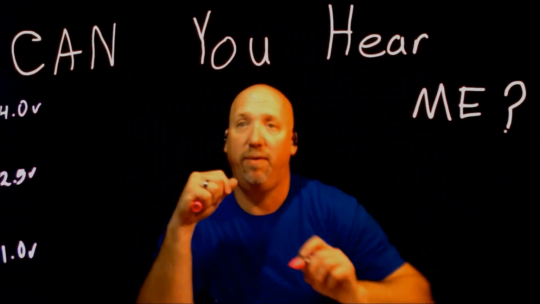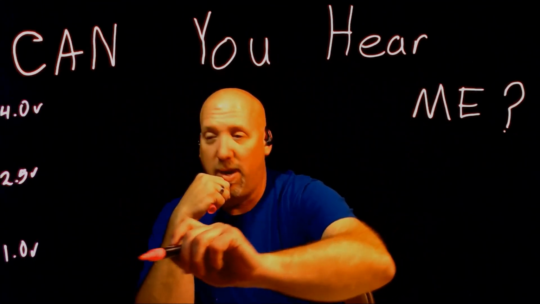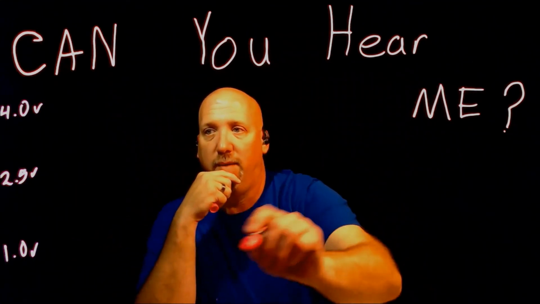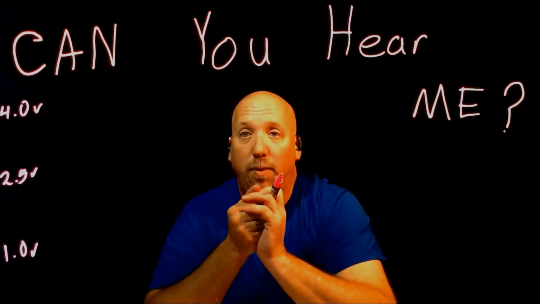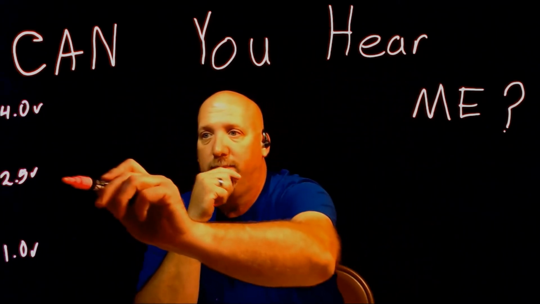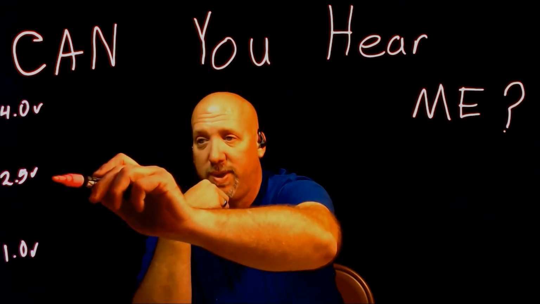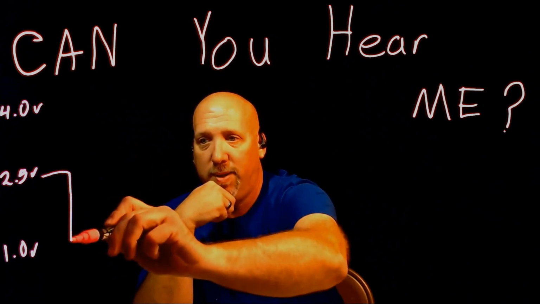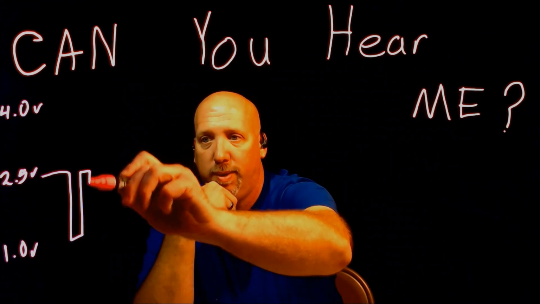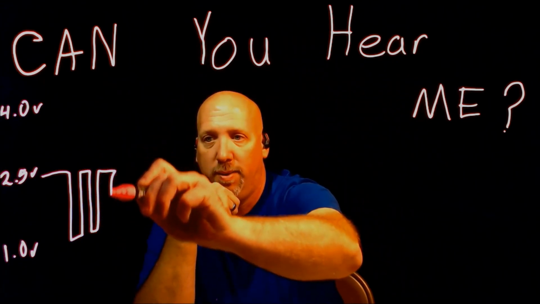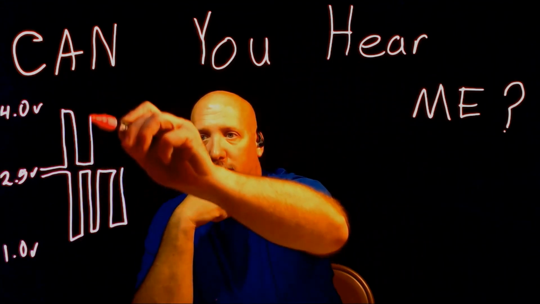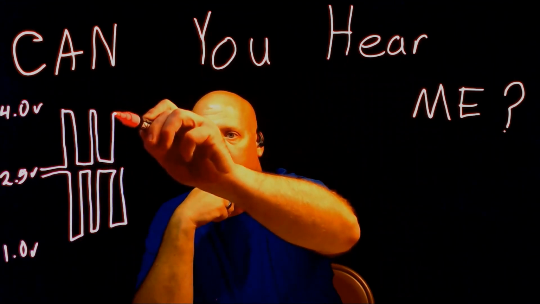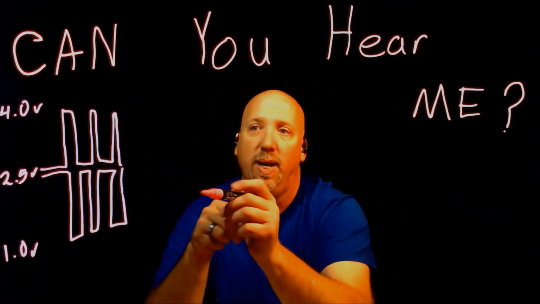So if we have a graph here, this is voltage, this is time, and we're having CAN communications here. We have our bits at 2.5 volts, and our communication goes down, up, down, up on the low side, and the high side is going down, up, vice versa. So here's CAN positive.